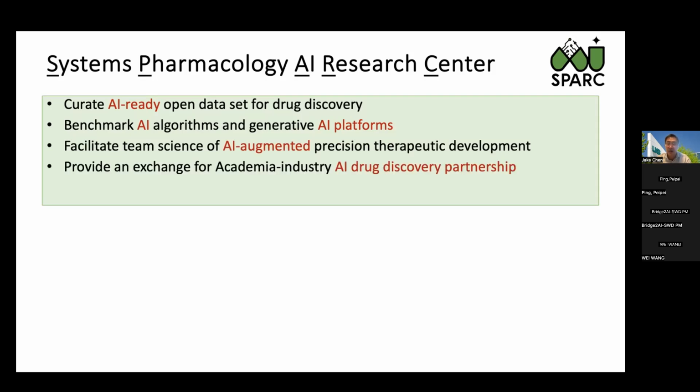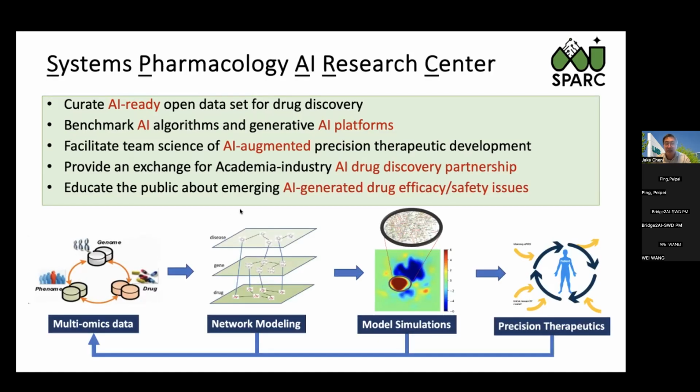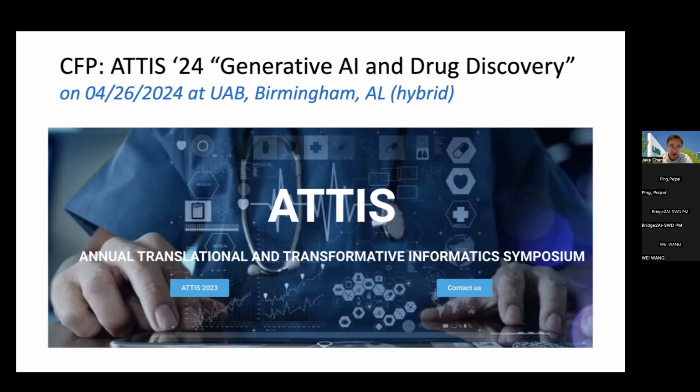And then we also want to promote academia-industry partnership to the point that we can educate the public about the emerging AI-generated efficacy and safety issues. Okay, here's the website. We're going to have a symposium at UAB if you're interested. It's April 28th, and let me know, and I may actually put you as a speaker.